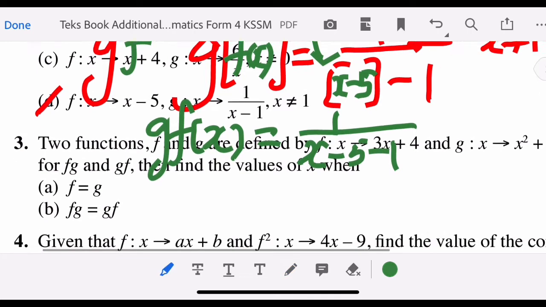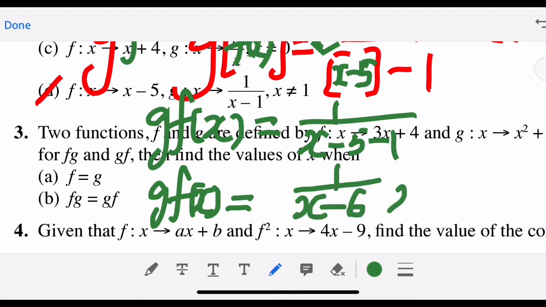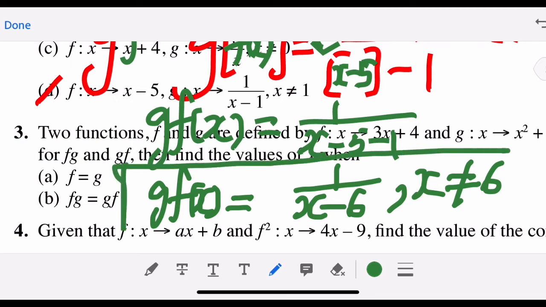So proceed, gf(x) is equal to 1 over x minus 6, and hence x cannot be equal to 6. Why? Because when x equal to 6, you will get the answer undefined, because the denominator is 0. So 1 over 0 means that the function is undefined. Okay, so this is your answer for gf.